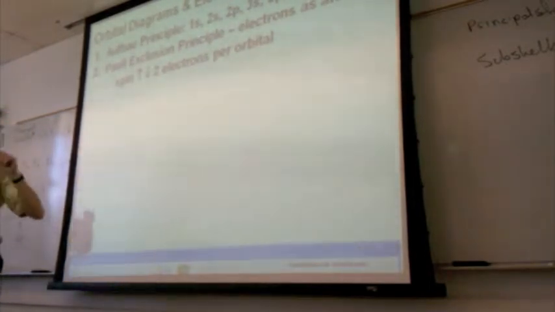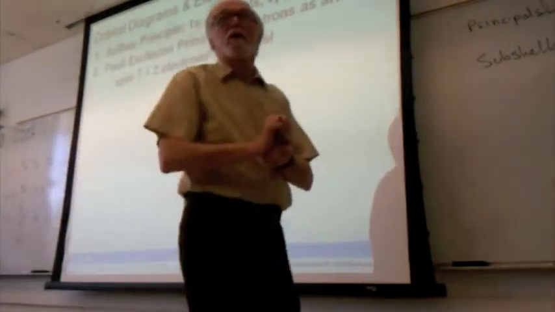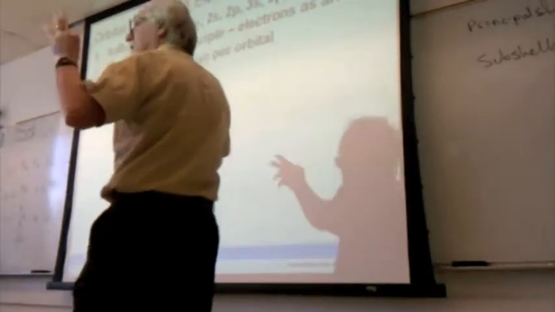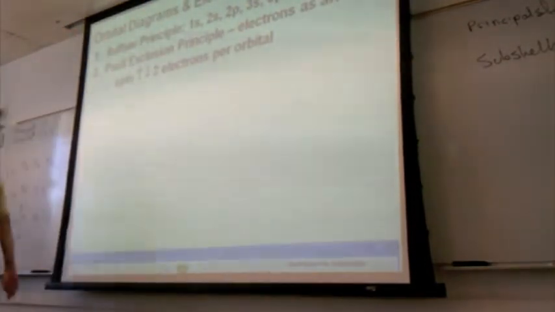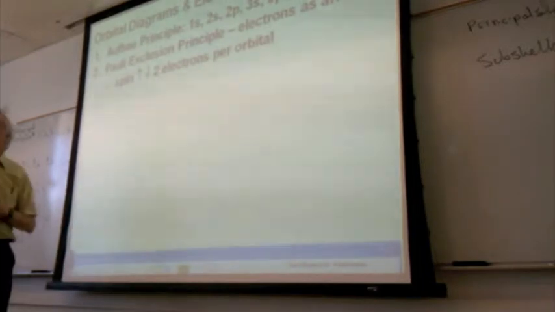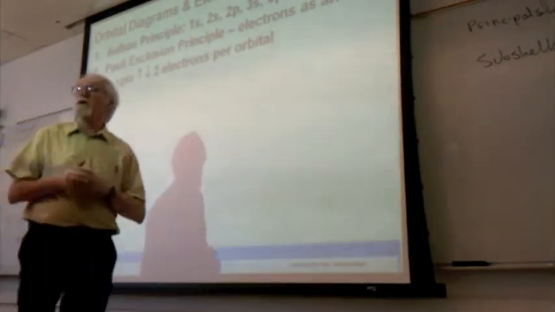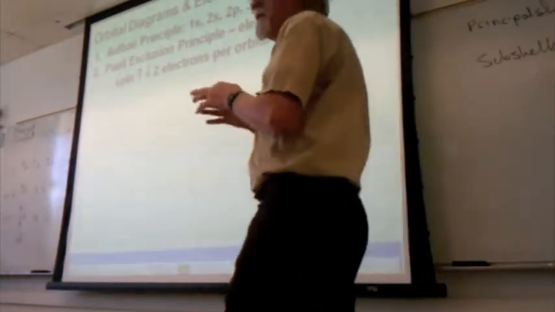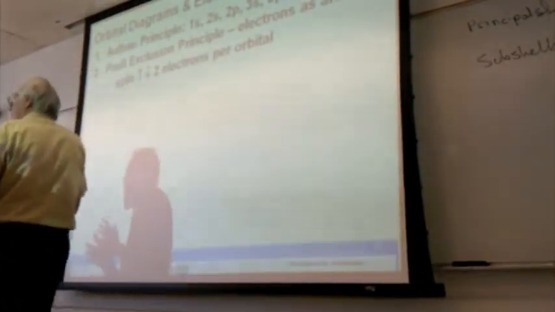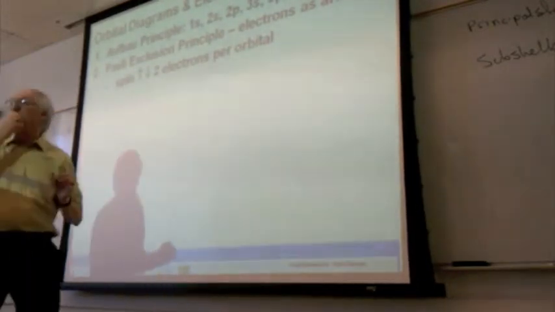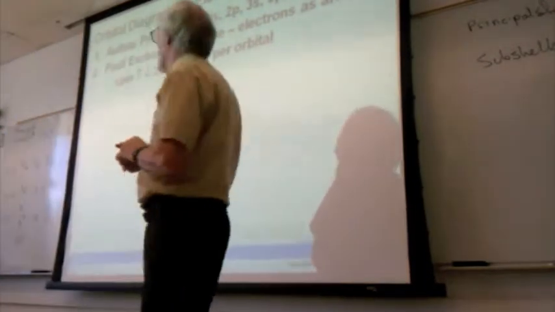Then there's another rule called the Pauli exclusion principle. Wolfgang Pauli did some calculations and showed that these electrons act like little spinning tops. They have some property called spin. And when you put them in a magnetic field, they'll tend to move in two different directions, depending upon which direction it's spinning.